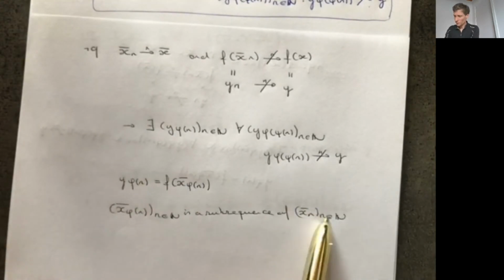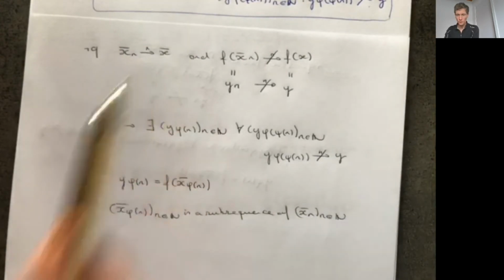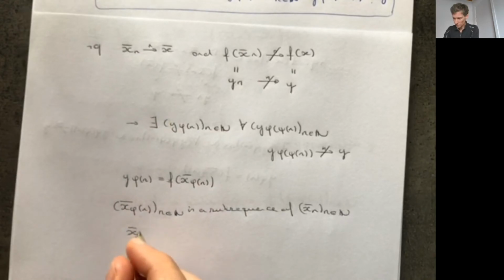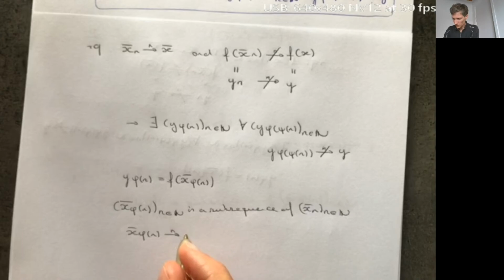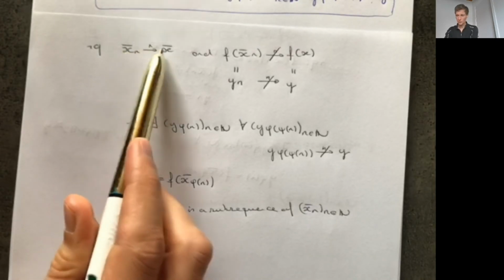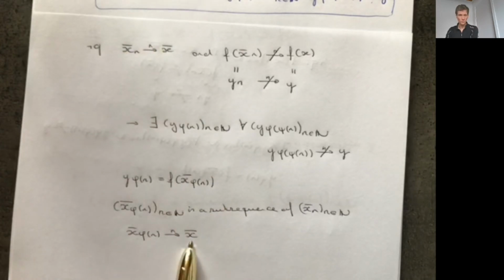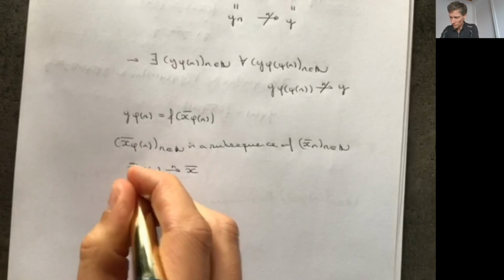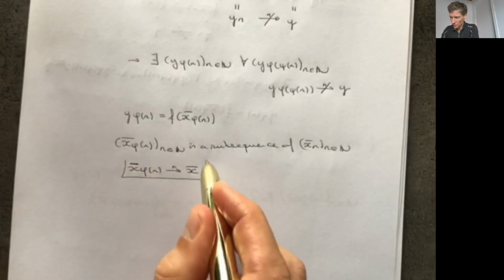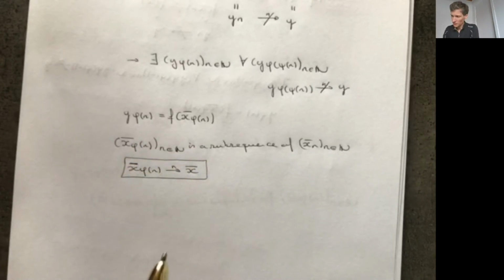So x phi n is a subsequence of xn, and xn goes to x. So x of phi n goes to x. Okay. A subsequence of a sequence that converges to something also converges to the same thing. So let's summarize what we have here. Here we have a sequence x of phi n that converges to x.